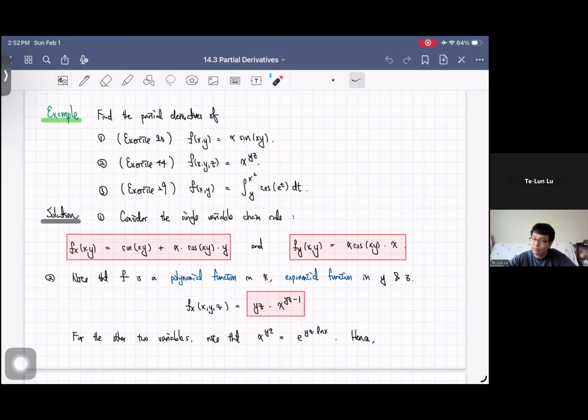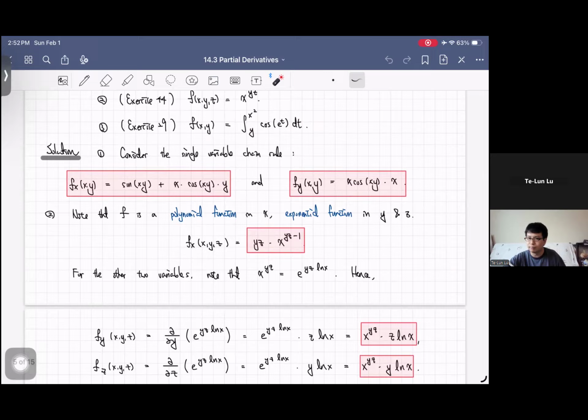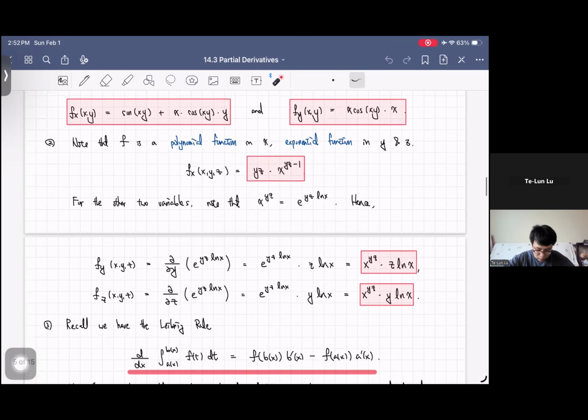If you're treating yz as a variable, then you're dealing with an exponential function. It is something like this. So you can memorize the rule of that differentiation, or you can just reduce everything into exponential. So if we write x^(yz) into exponential of yz ln x, then by differentiating with respect to y, you get again by chain rule, the first thing here is here because the differentiation of e^x is just e^x, right?